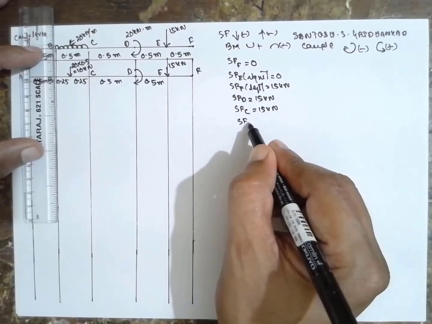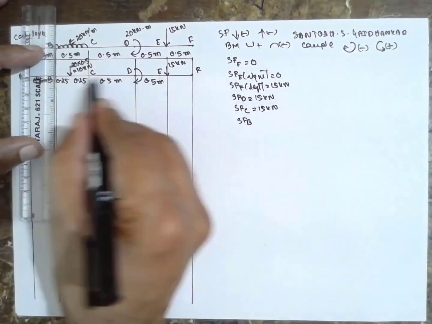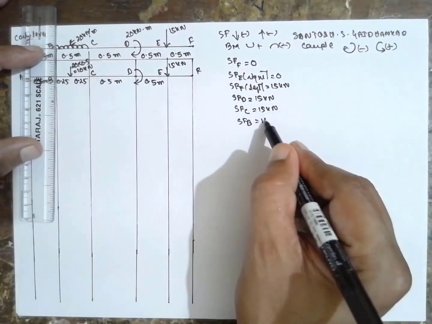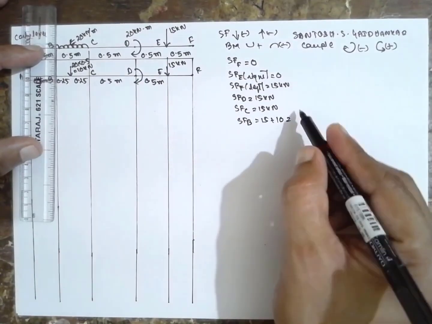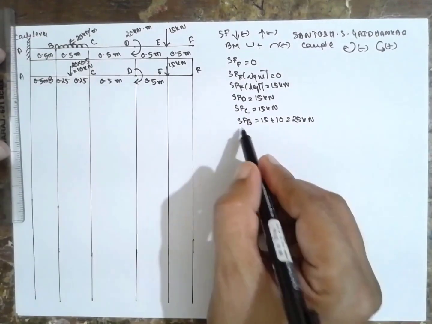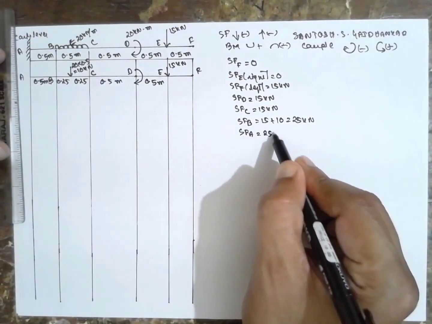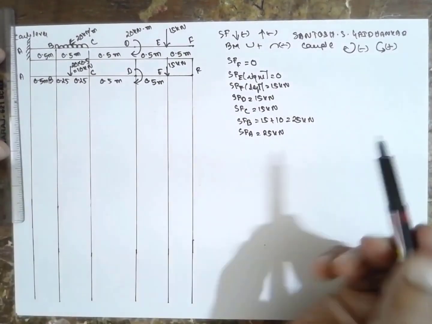SF at B, previous value plus 10, that is 15 plus 10, 25 kilonewton. And at A, there is 25 as it is, 25 kilonewton, because this is a fixed end.